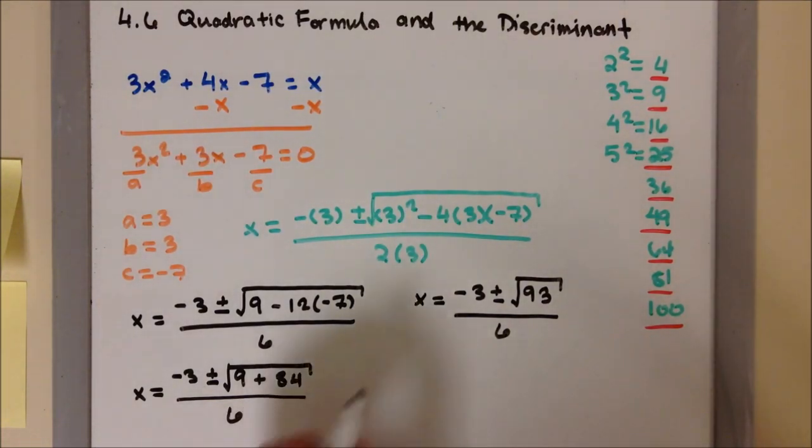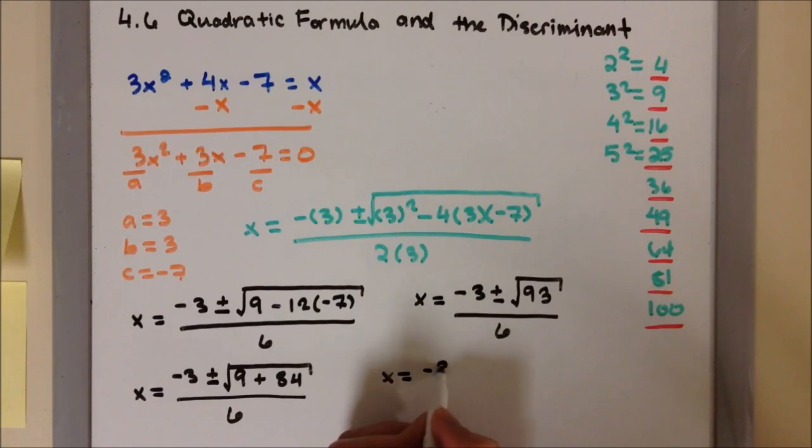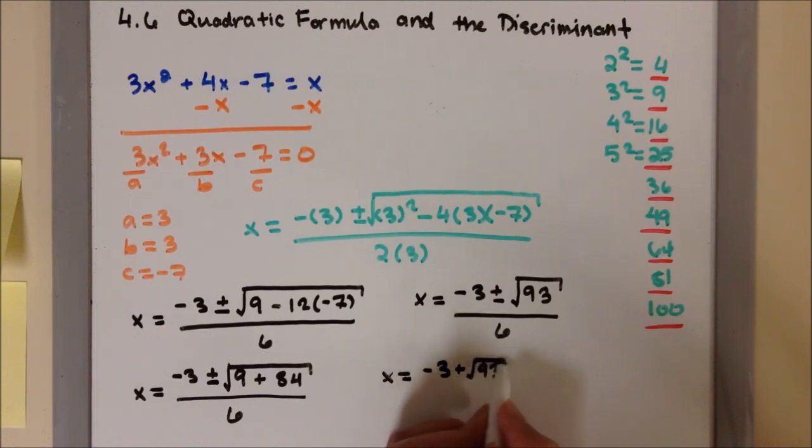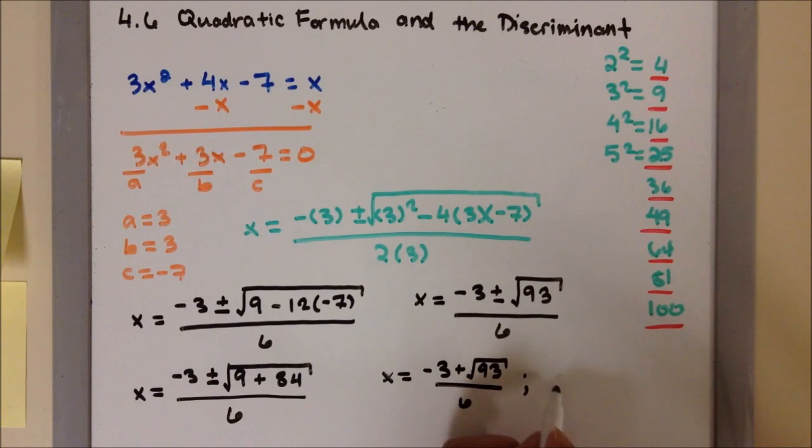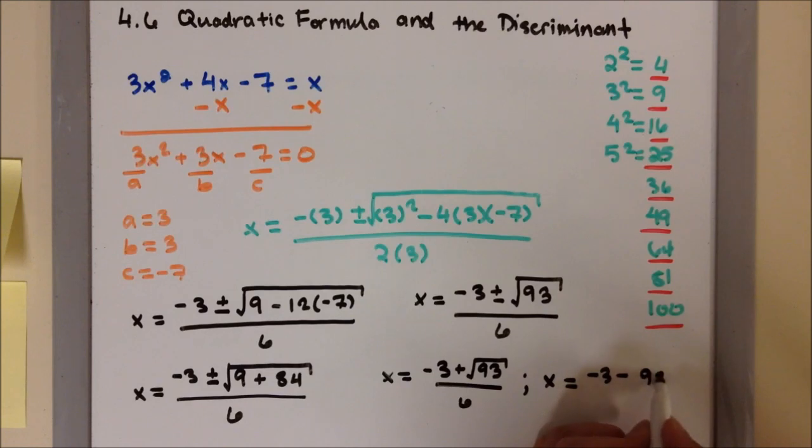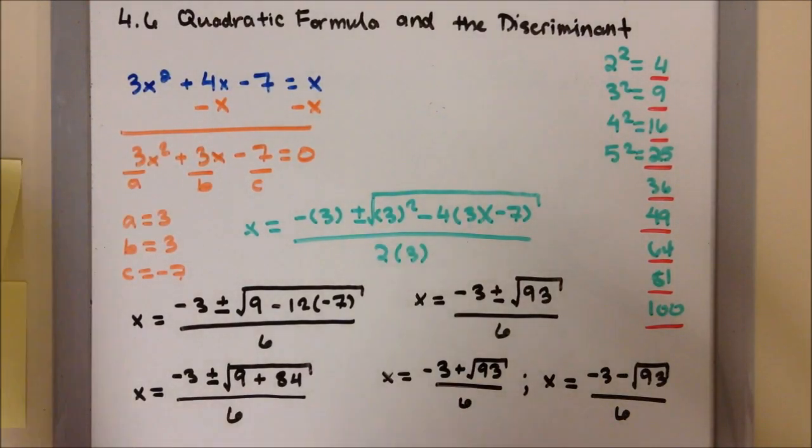So my answer will be x equals negative 3, and I'm going to split it into two fractions, plus the square root of 93 over 6. And then my second fraction, x equals negative 3 minus the square root of 93 over 6. So there are my two fractions, therefore my two answers.